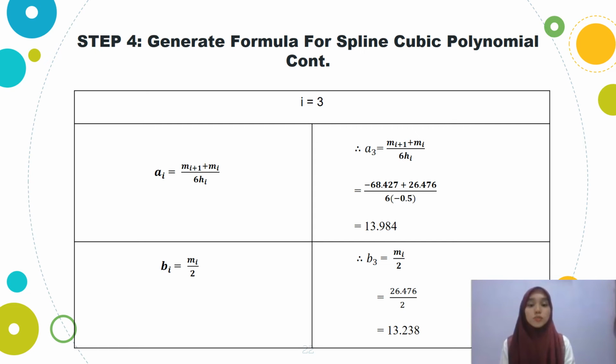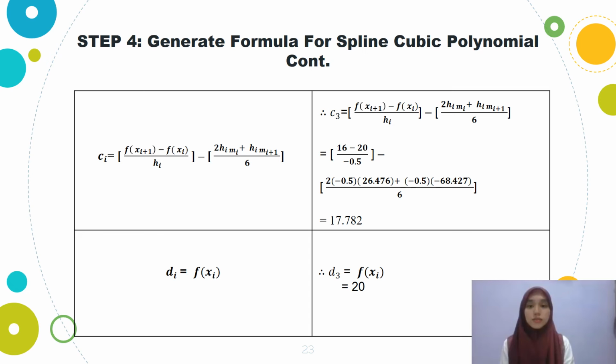Next, we proceed with the calculation of B3 using the formula Mi divided by 2, which is equal to 13.238. Next, we calculate C3 using this formula, and we get 17.782.